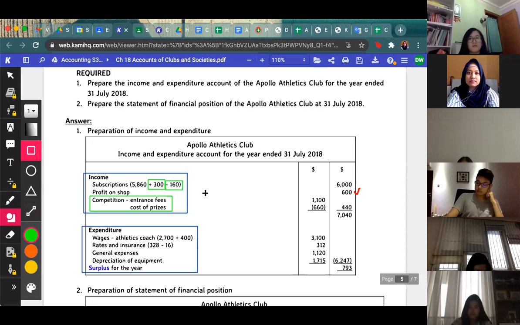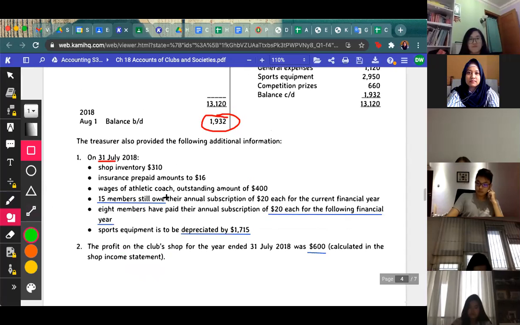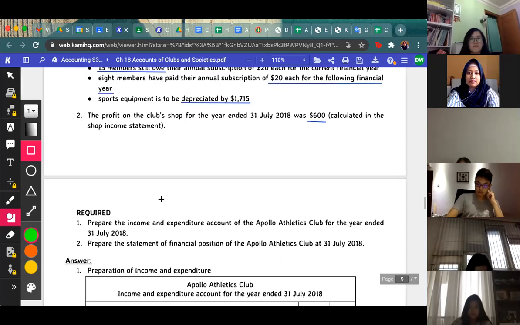In the example here, 15 members still owe for the current financial year. Owe means accrued. Accrued at the end has to be added.